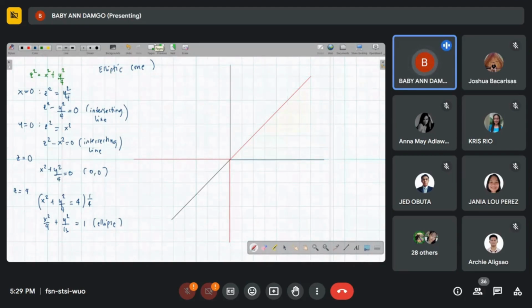Okay, so pwede ta mag-start sa ellipse. Kaya para ato na lang ni siyang kuanan ang intersecting. So we have x squared. So when z is 4, we can create an imaginary line 3, 4. Okay. So here, this one.